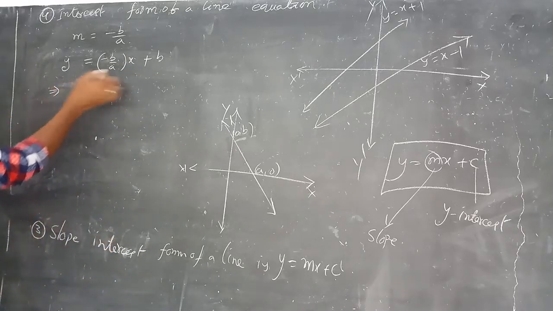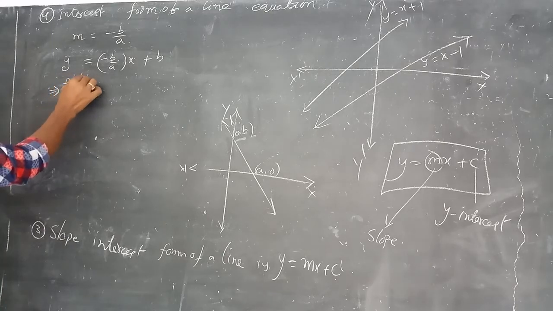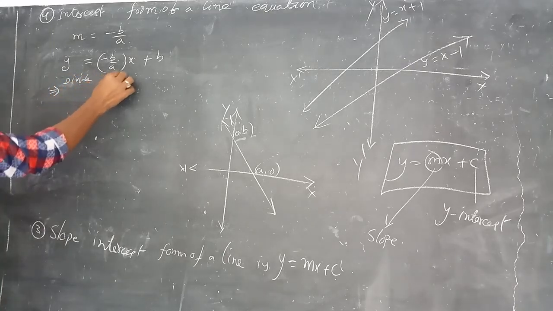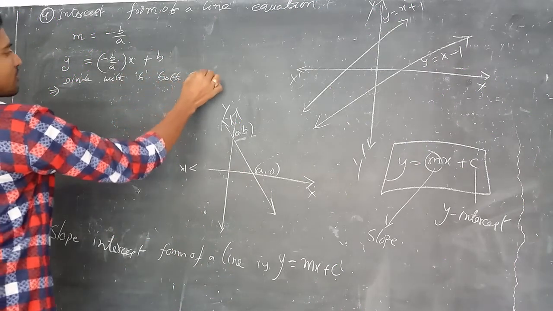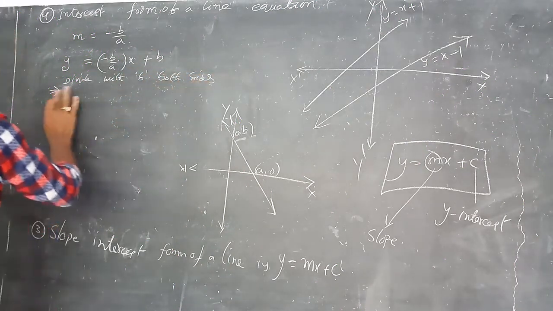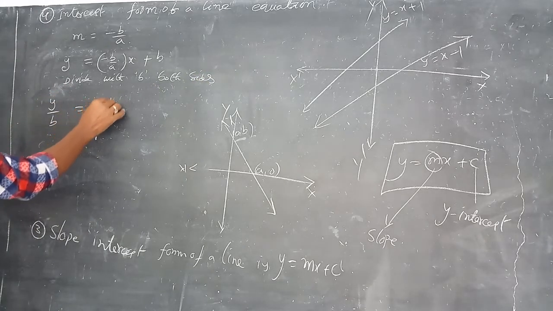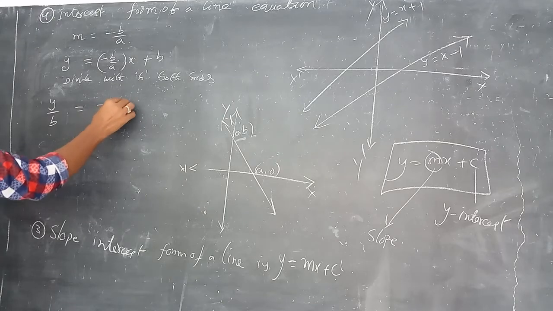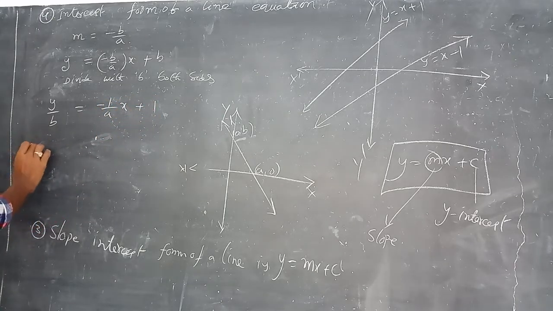Let us divide by b on both sides: y by b equal to minus x by a plus 1.